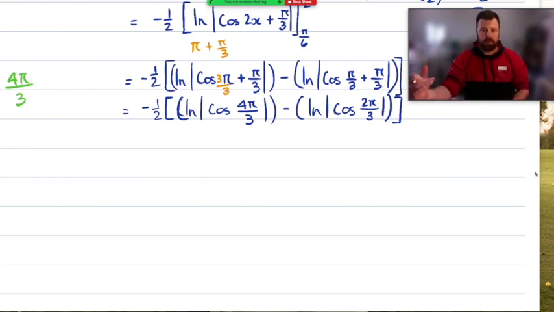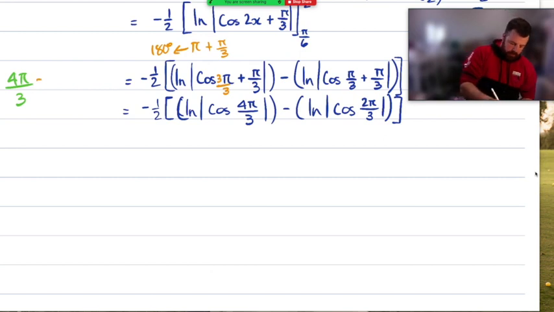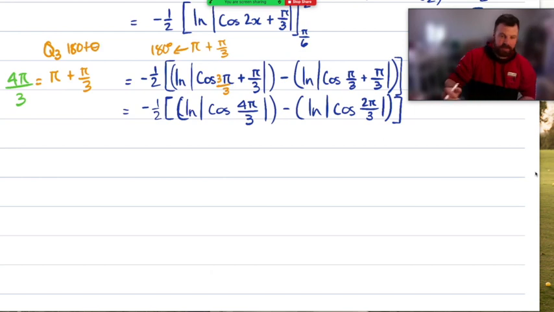Now, pi, we know, is 180 degrees. So I've got 180 degrees plus some extra little bit. So 4 pi over 3 was pi plus pi over 3. And if we remember, quadrant 3 was 180 plus theta. So 4 pi on 3 exists in the third quadrant. And in the third quadrant, it behaves like pi over 3.